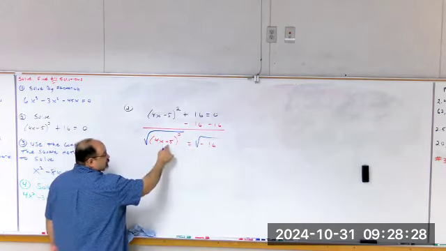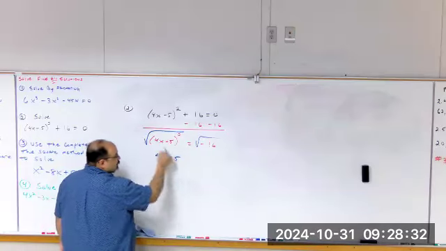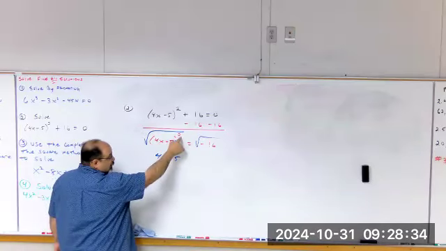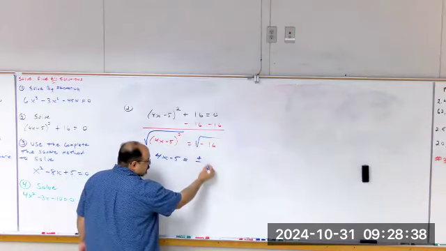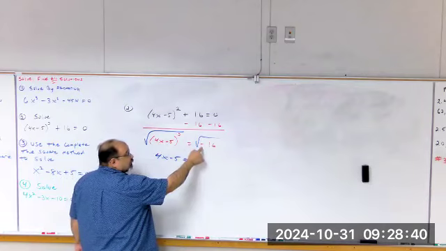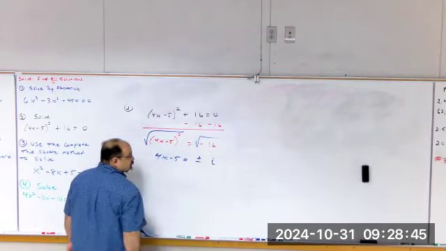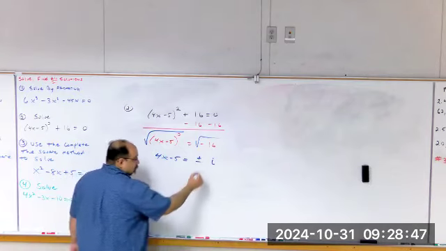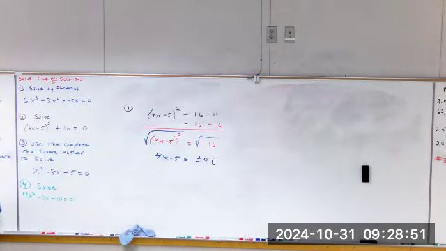The square root of 4x minus 5 squared is just 4x minus 5. Square root undoes the square. Equals, don't forget the plus and minus, plus or minus the square root of a negative. Pull out the i. What's the square root of 16? 4. So plus or minus 4i.